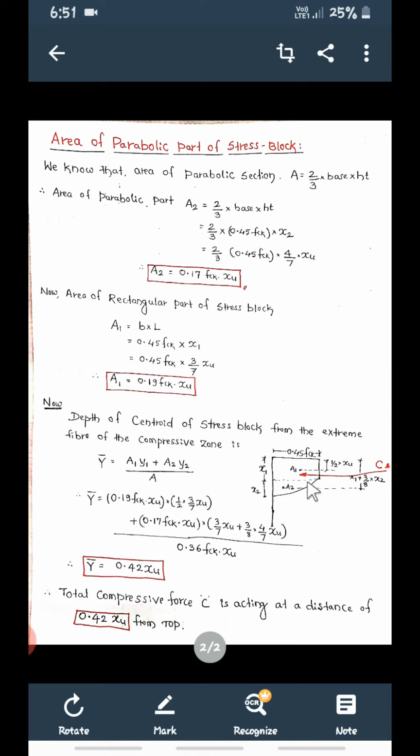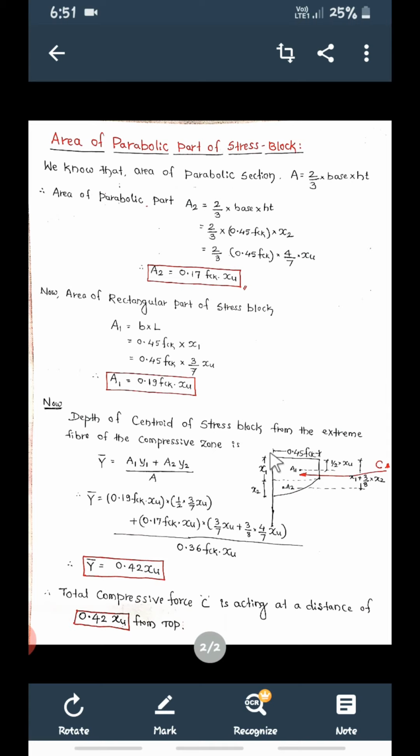What is A2? The area of this parabolic part, only this part. So A2 is 0.17 fck xu, into, what is Y2? Y2 again is from the top fiber to the centroid of this parabolic part.